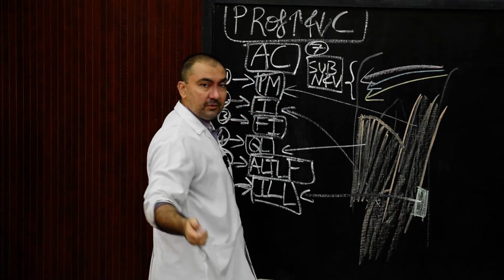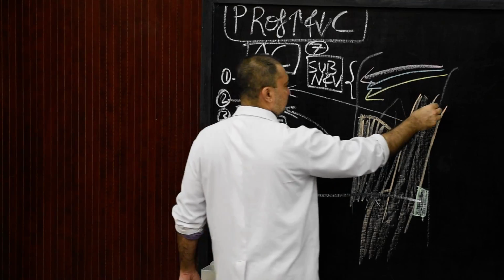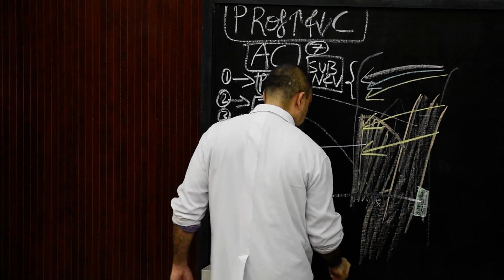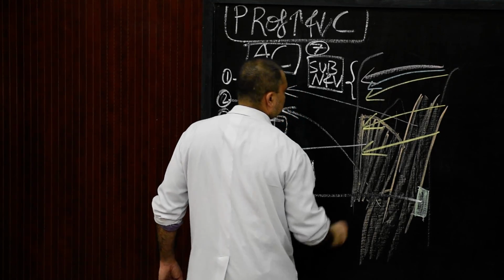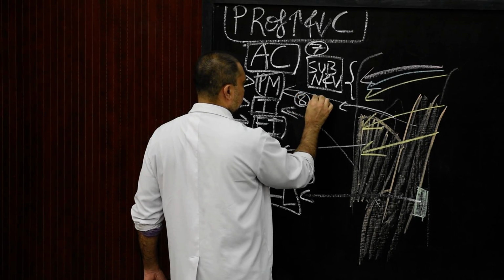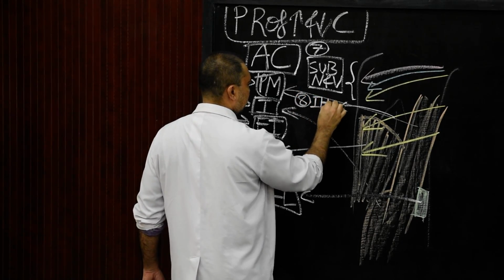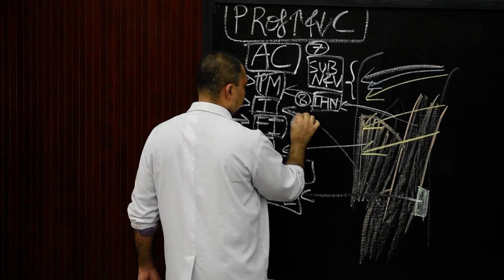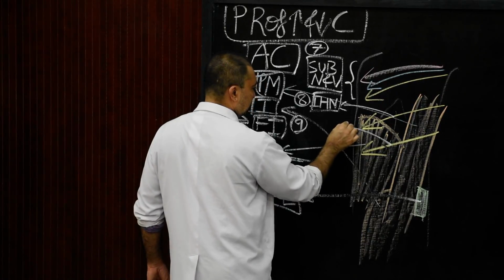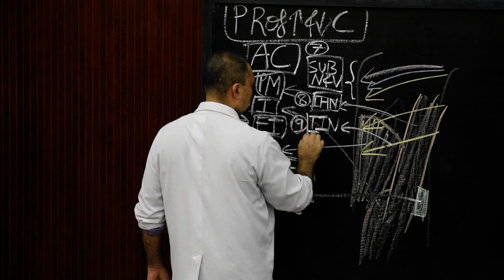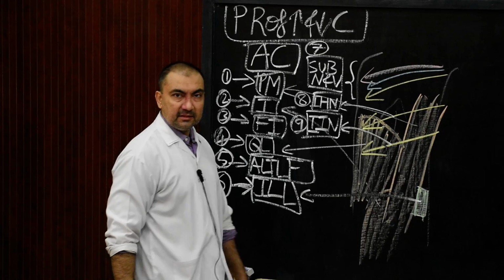And then we come to iliohypogastric nerve. We will draw here iliohypogastric and ilioinguinal nerves. So this will be structure number 8, iliohypogastric nerve. Please mark. Then structure number 9, ilioinguinal nerve.